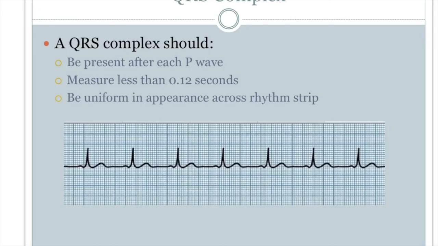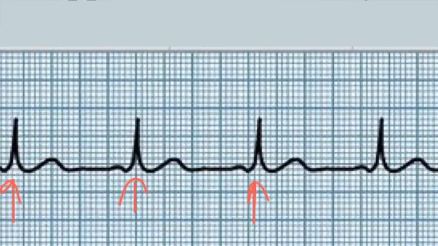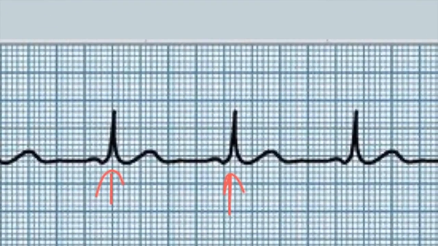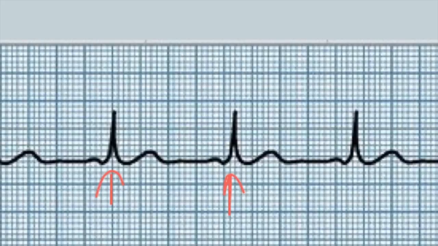Now with the QRS complex, we need to make sure that there is a QRS complex after each P wave. So we have a QRS there, and a QRS there. And if we blow this up a little bit, we'll be able to measure how wide our QRS complex is.